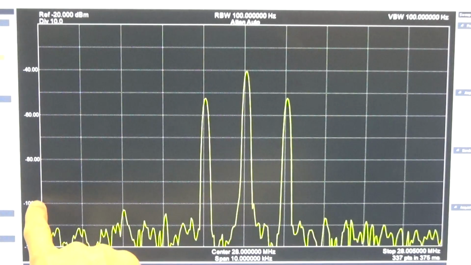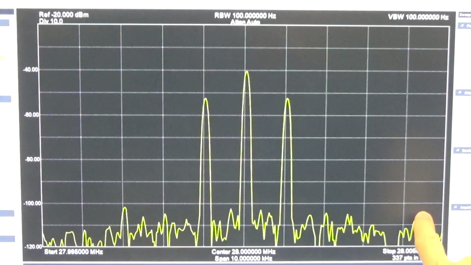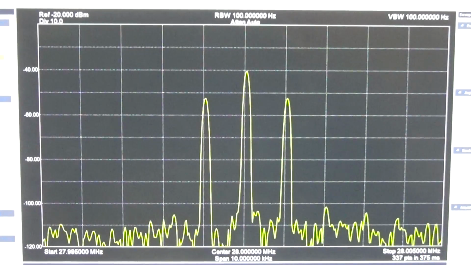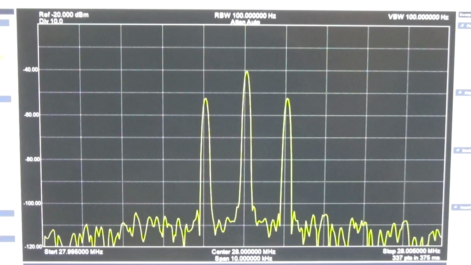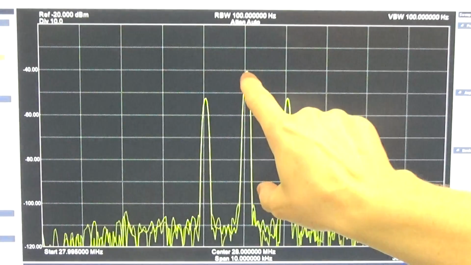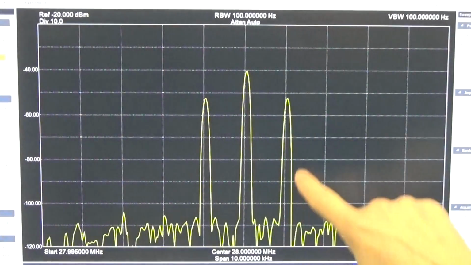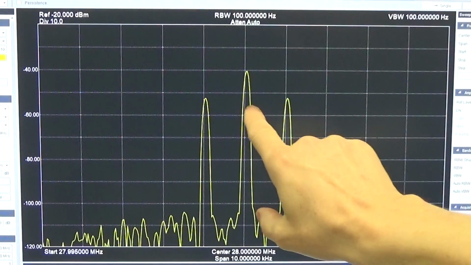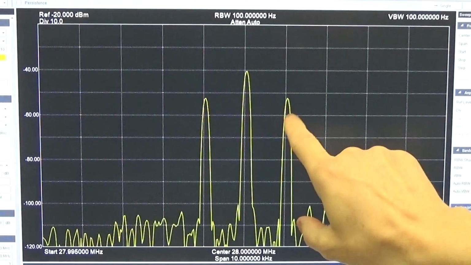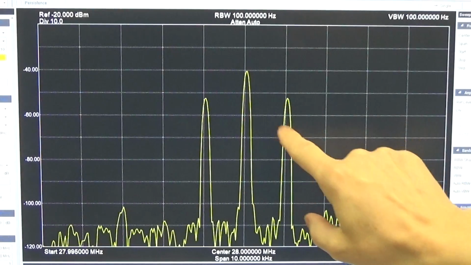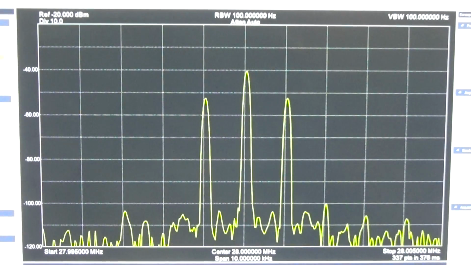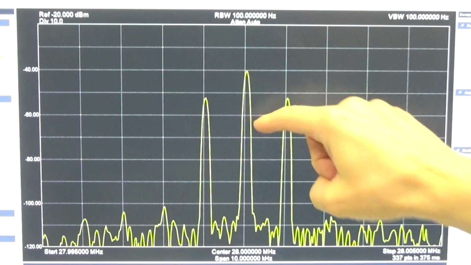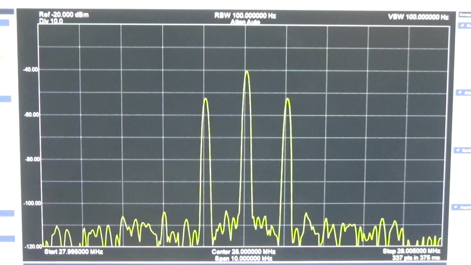So from here to there we are covering 10 kilohertz, and thus you are easily able to see that our audio signal is 1 kilohertz away from our carrier. So that is our 1 kilohertz audio information which is put onto our signal.